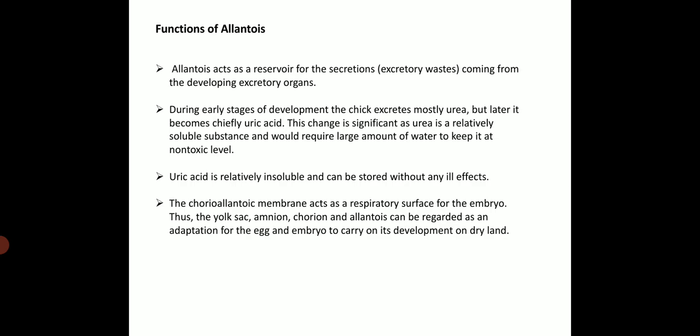This change is significant as urea is a relatively soluble substance and would require a large amount of water to keep it at a non-toxic level. Uric acid is relatively insoluble and can be stored without any ill effects. The chorioallantoic membrane will act as a respiratory surface for the embryo.